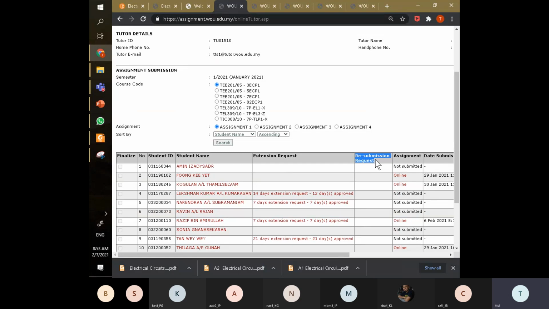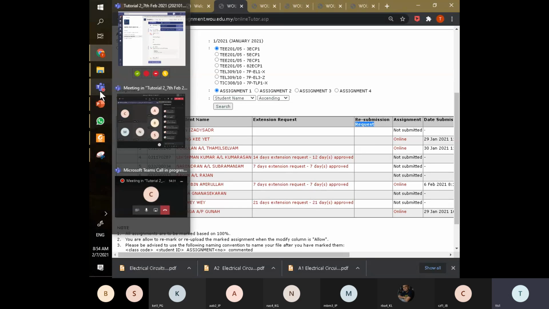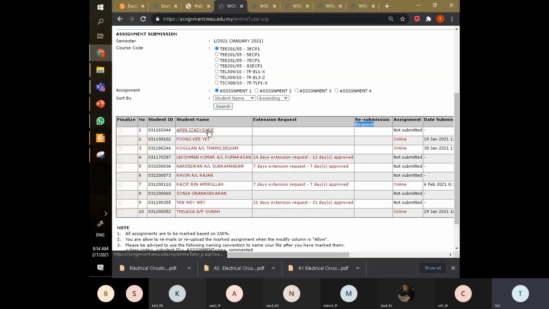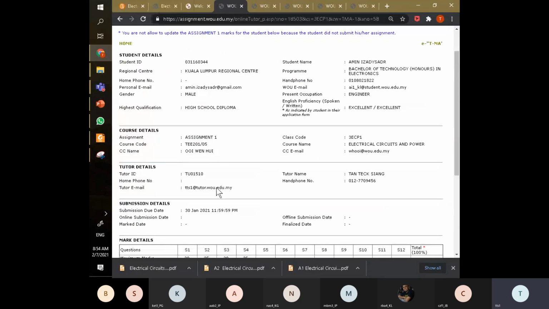So after I give you all the hints about assignment 1, if you want to make any amendment or changes, you go ahead and make the changes, and then you request for resubmission. The reason is quite clear, because the due date for assignment 1 is January 30th.